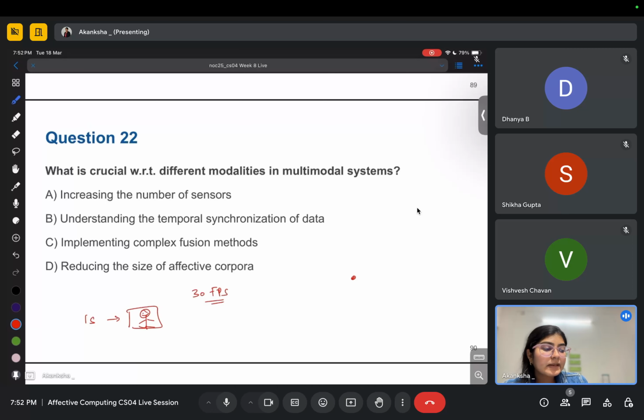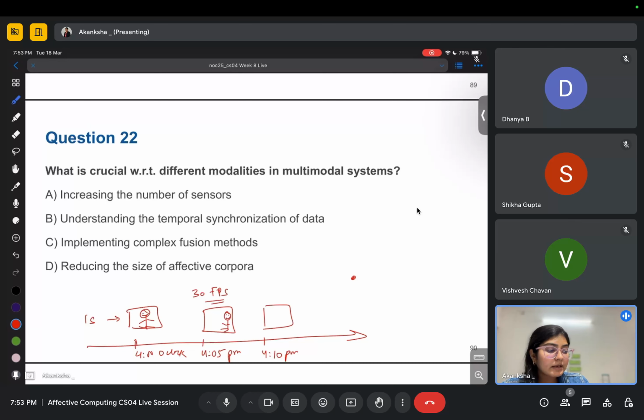This is the time axis, and time is passing. At 4 o'clock, let's say, this was happening, then at 5 p.m. the person moved here, so this changed. Then I'm taking another reading at 5:10. So every 5 minutes I'm taking a reading, that is called sampling, okay?